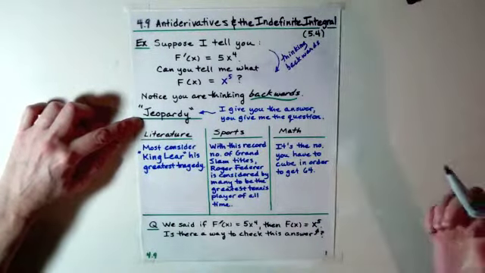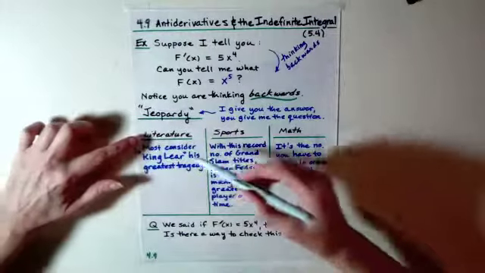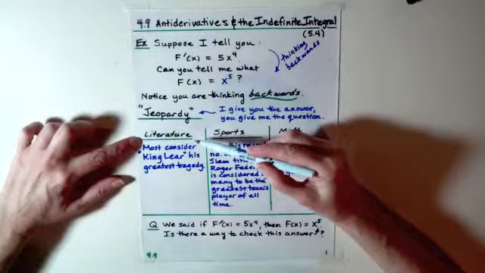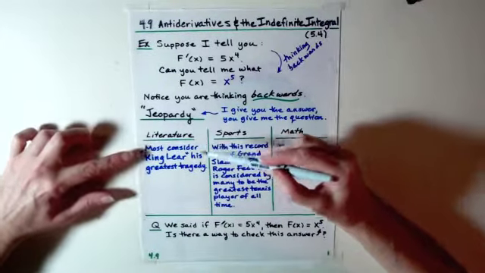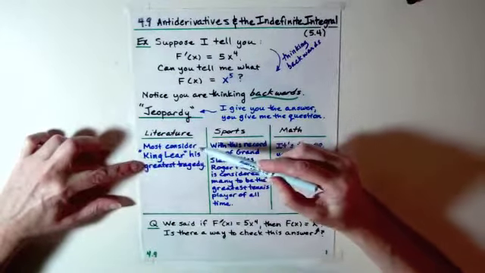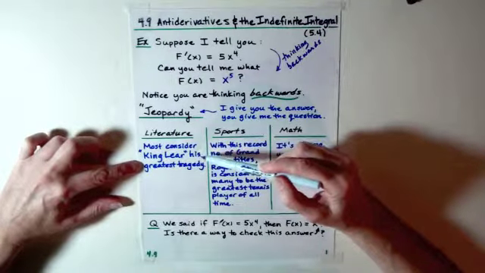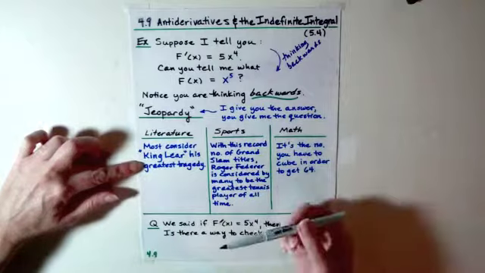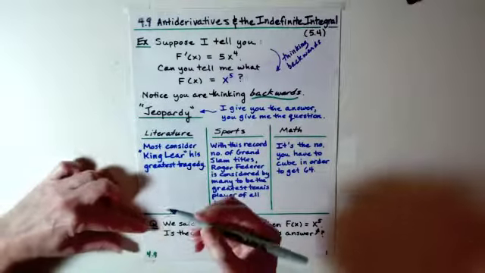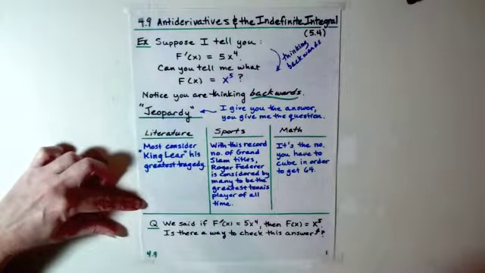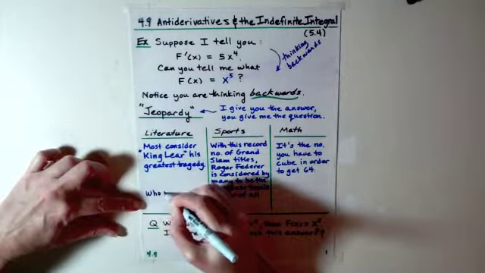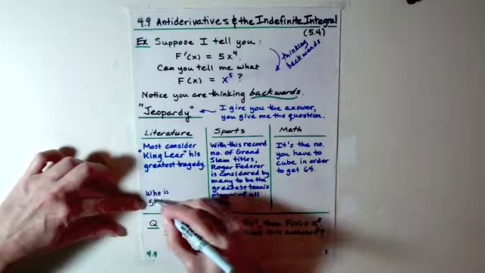An example of the type of thing that happens in Jeopardy: they often have different categories. For example, they might have a literature category, and the answer would be, "Most consider King Lear his greatest tragedy." The contestant has to come up with the question, so their answer has to be in the form of a question, and they might say something like, "Who is Shakespeare?"